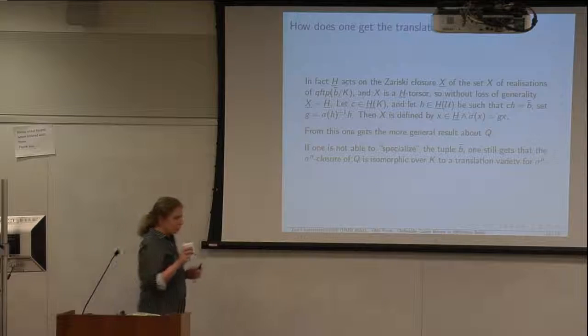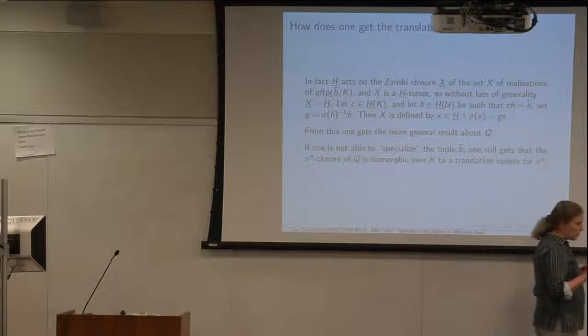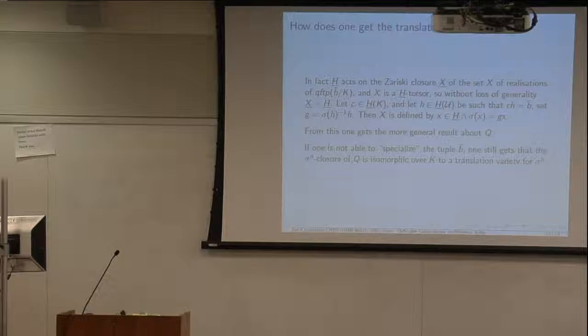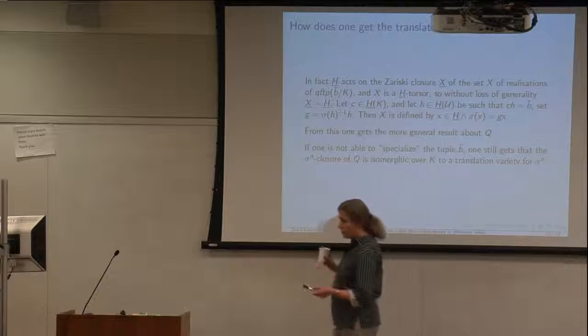So I was telling you that we assume that the difference field generated by A over K is actually the field generated by A over K. So that means that instead of talking about difference rational maps, we can talk about rational maps.